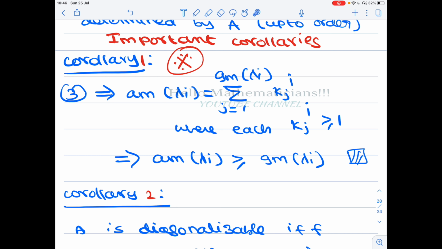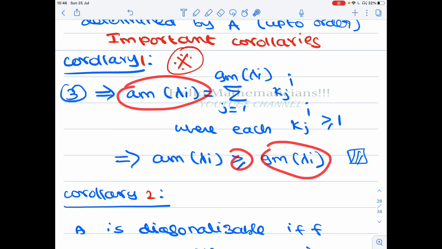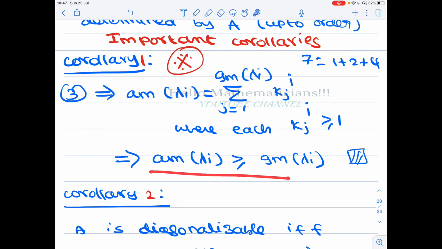So you are summing gm of lambda i many positive integers to get the algebraic multiplicity of lambda i. That means that this number is greater than or equal to this number. So we get that the algebraic multiplicity of lambda i is always greater than or equal to the geometric multiplicity.